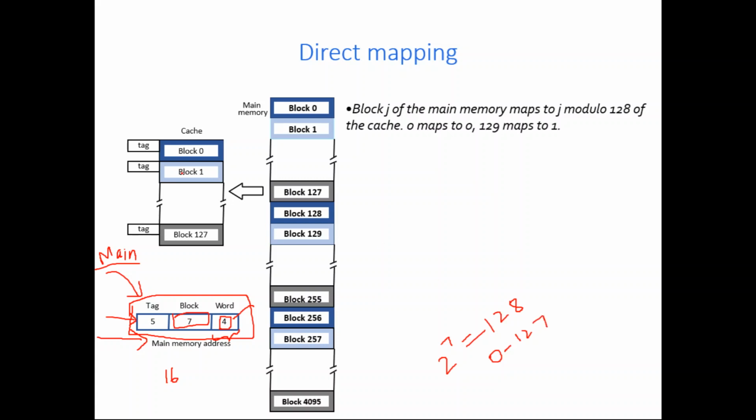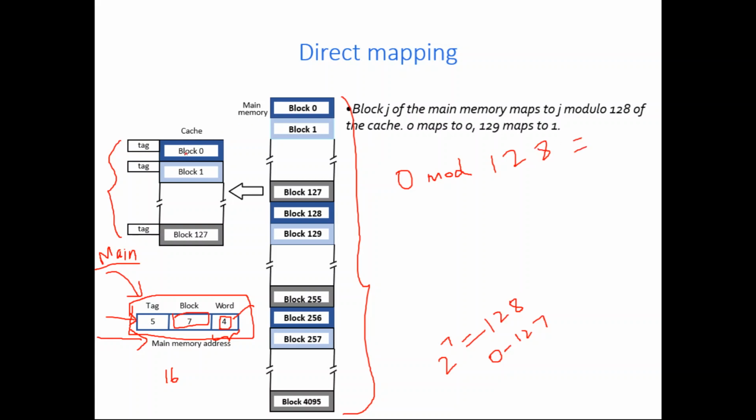Now the cache contains how many blocks? 128 blocks. Main memory contains totally how many blocks? 4096 blocks. How do we map a particular block from the main memory to cache? Our philosophy is that you take the block number modulo the cache size, which is 128, and the remainder is the cache block.